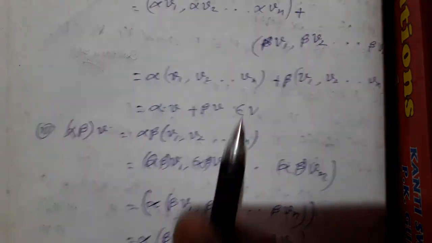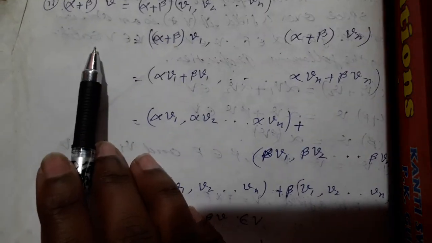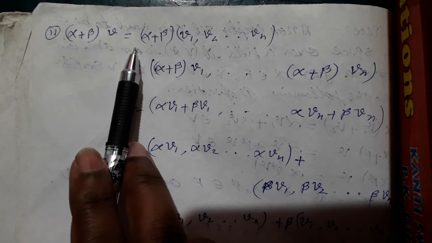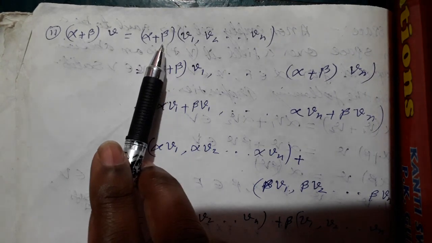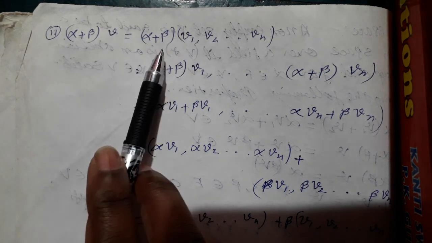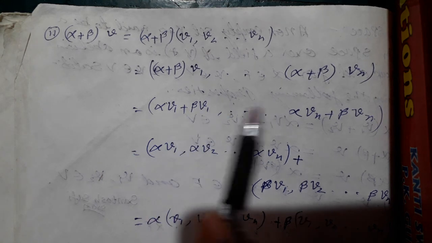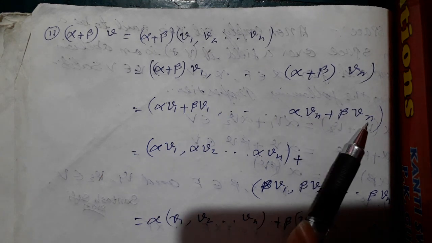In a similar manner, I take two scalars, alpha plus beta times v, which is equal to alpha plus beta. By using the second definition, this is multiplied to each coordinate. So we have alpha v1 plus beta v1, and also alpha vn plus beta vn.